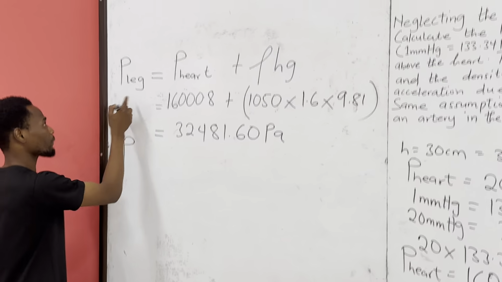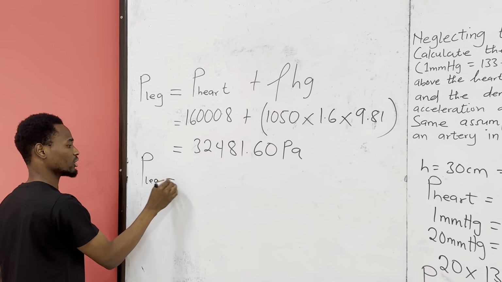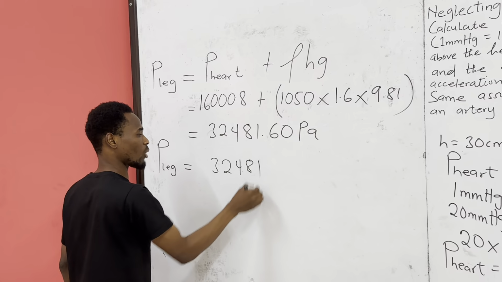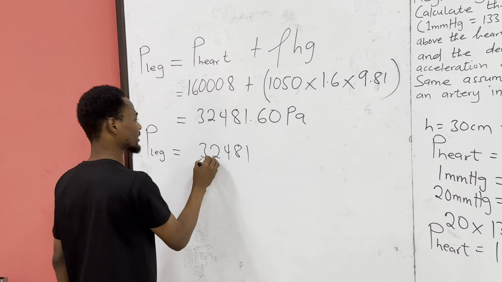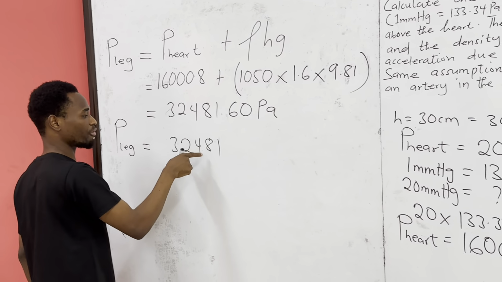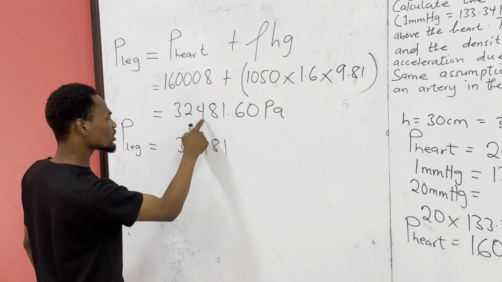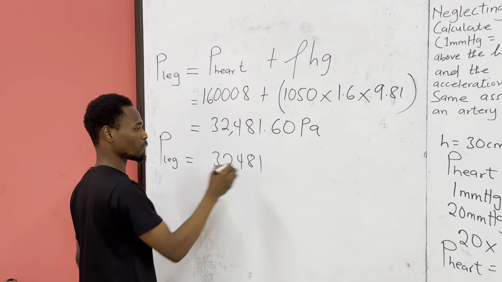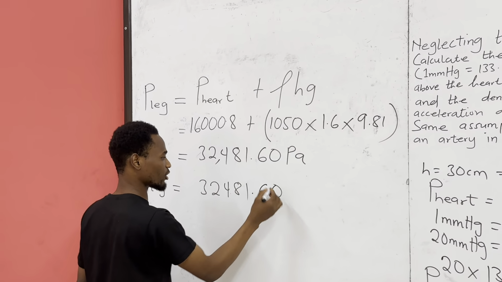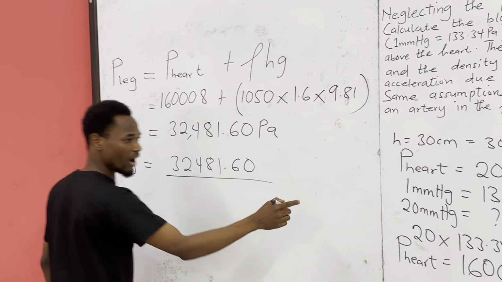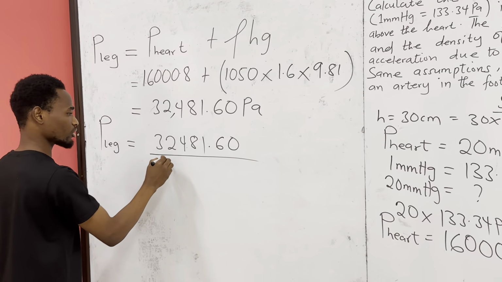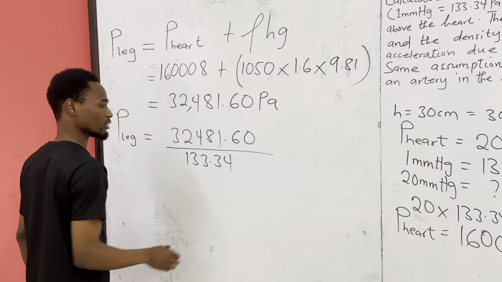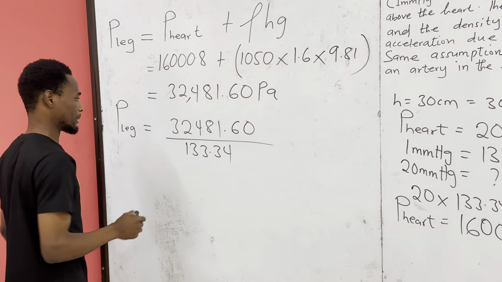So the pressure in the legs or the foot is 32,481.60, all over 133.4.